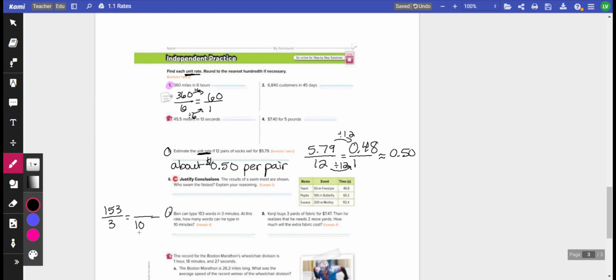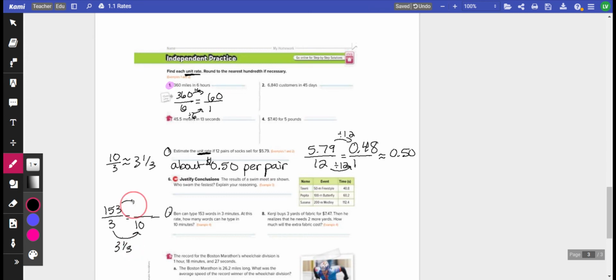In order to get from 3 to 10, it's not going into that evenly, so I'm going to take 10 divided by 3 to figure out what value I'll be multiplying by. So if I take 10 divided by 3, that is approximately 3 1/3. So 3 1/3 times 3 is 10.